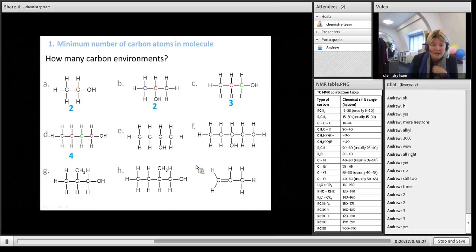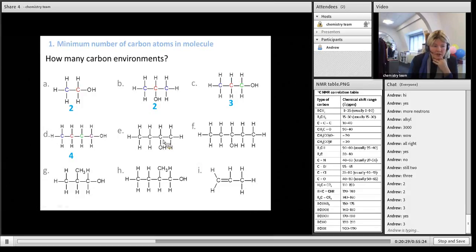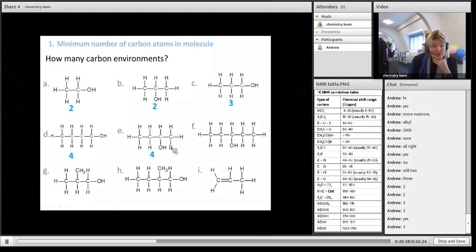And E, I know we're going quite quickly through this, so you most probably aren't having a good look at it. It's again going to be 4, because let me just do the colors.